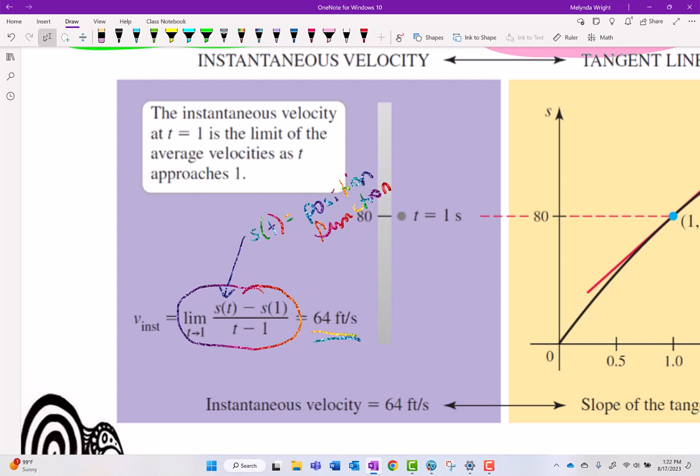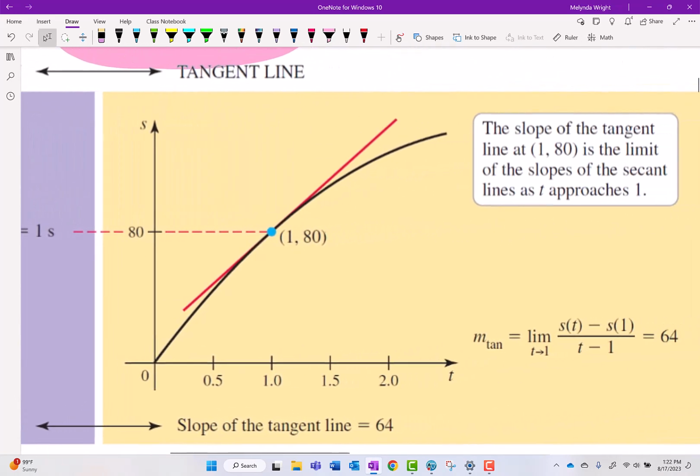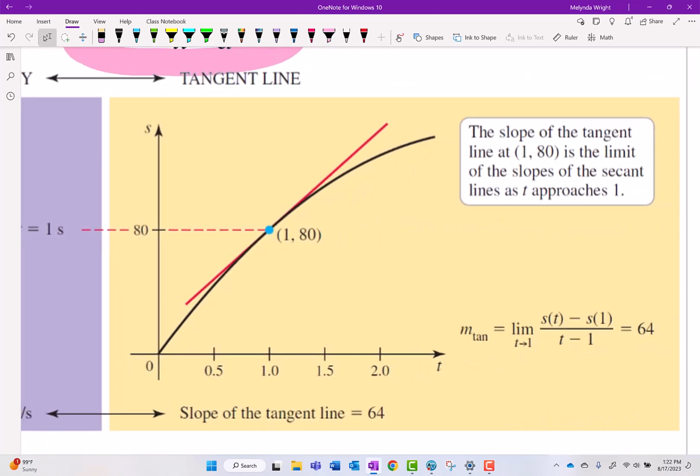All right, so on this other little slide, we can see that the black curve is s of t. That's a graph of the position function. And the red line is a tangent line.